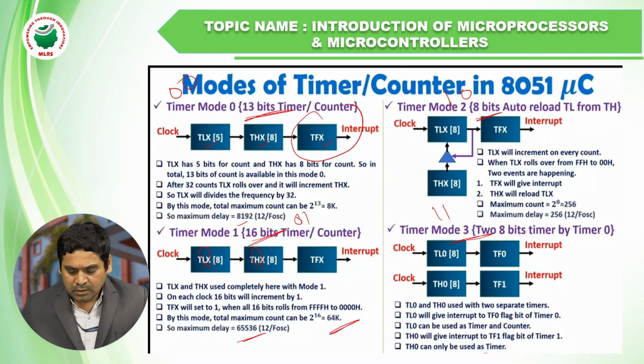In mode 2 you can observe something different: 8-bit auto reload of TL from TH. The upper block is TH and the lower block is TL.